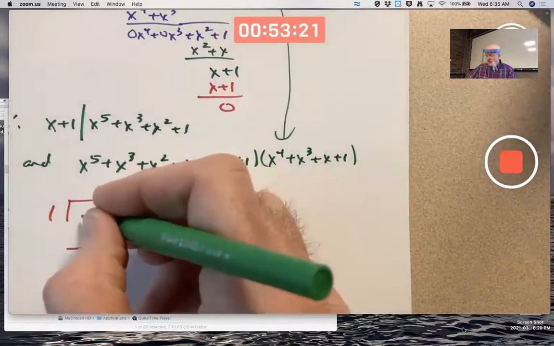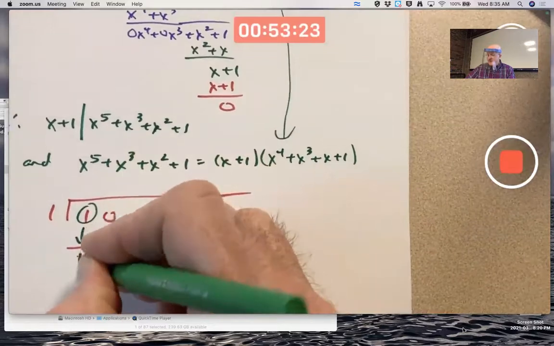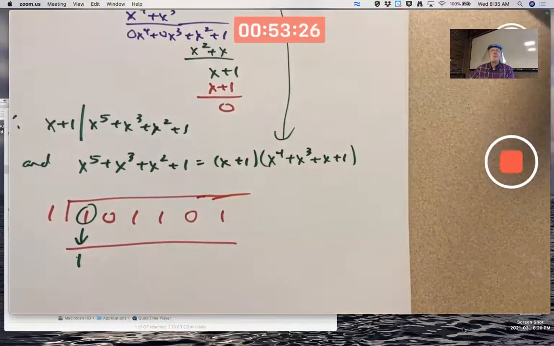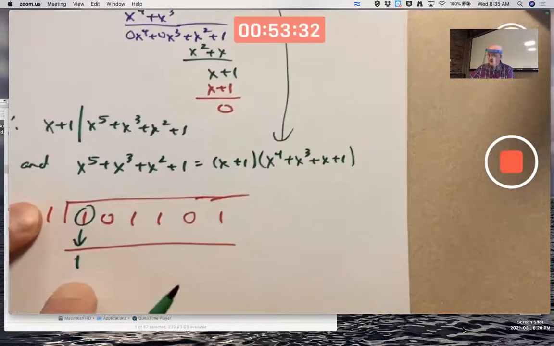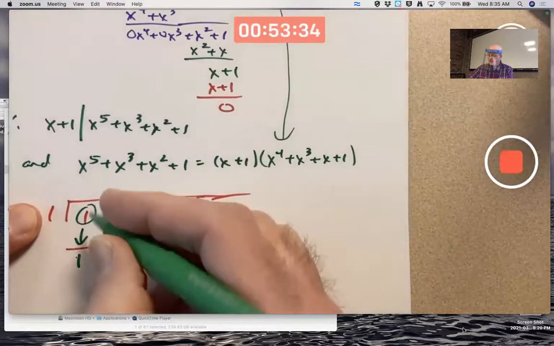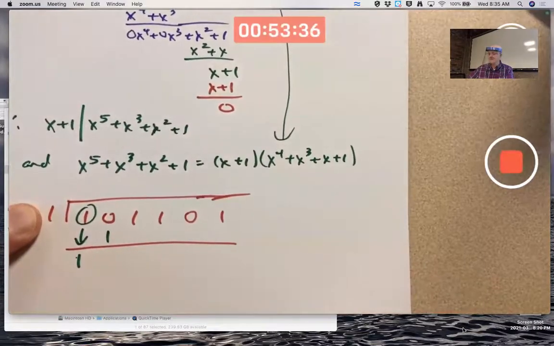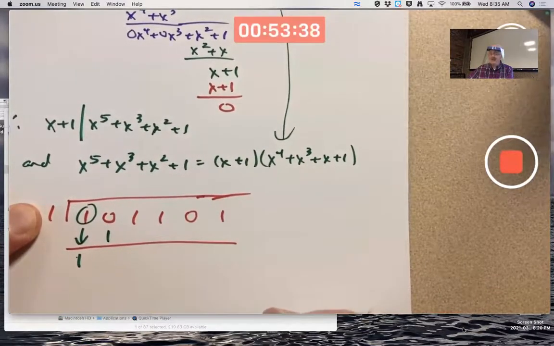You start by taking whatever number's there and you bring it down right there. Then the next step is to multiply whatever's here times whatever's there. 1 times 1 is 1. Put the answer here. Then you add, not subtract.